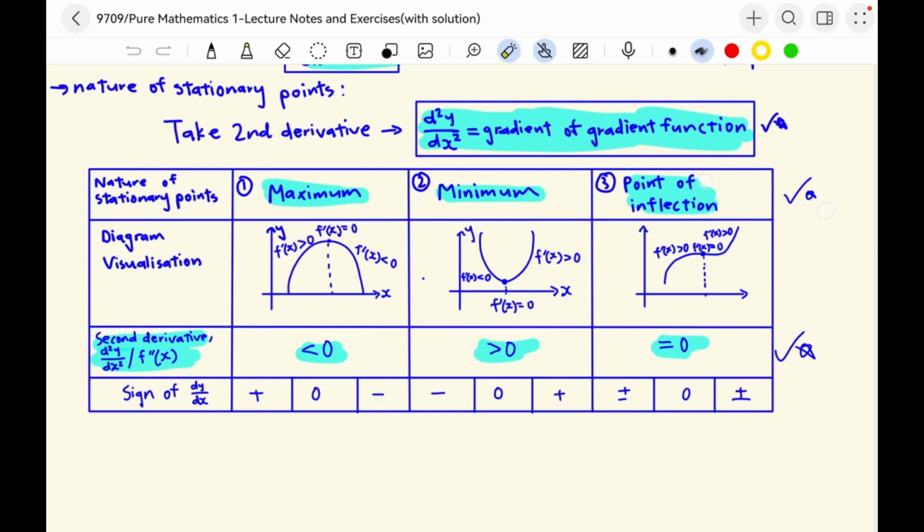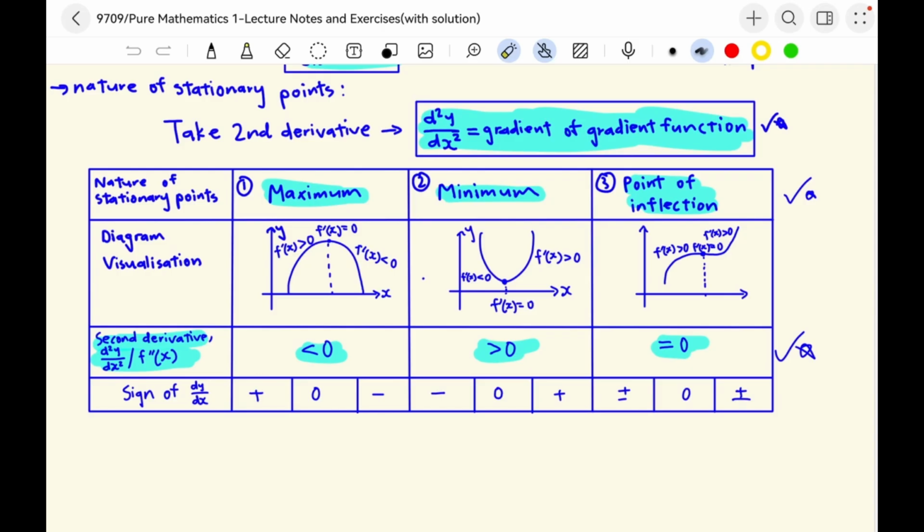And what about the minimum? Minimum means that from here to here is a decreasing function. After it passes through the stationary point, f is an increasing function for this interval.